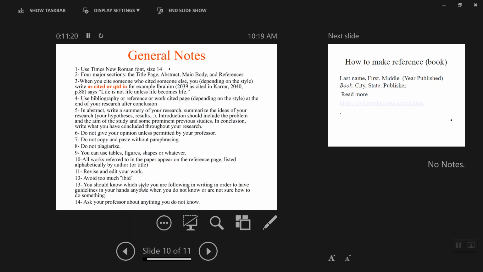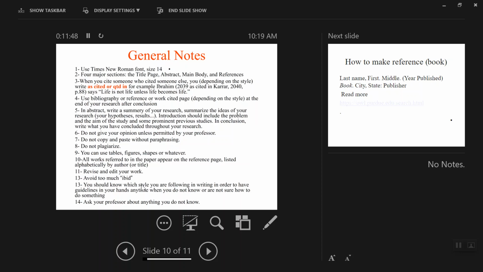You have to vary, to use different sources. This is what we mean by avoid too much ibid. Try to show your reader that you have read different sources, you have joined them, you put them in a well-formed, organized way, and you make coherence between them. It's very important.